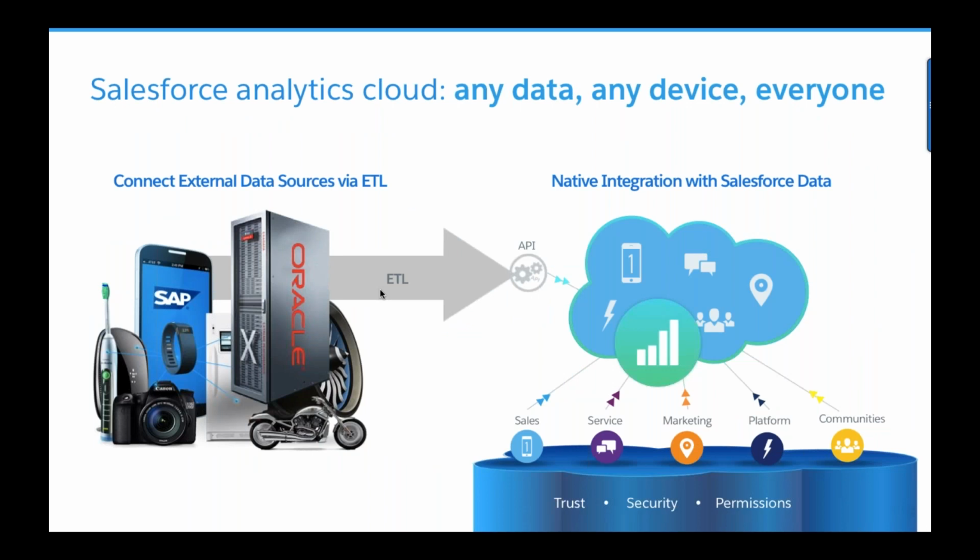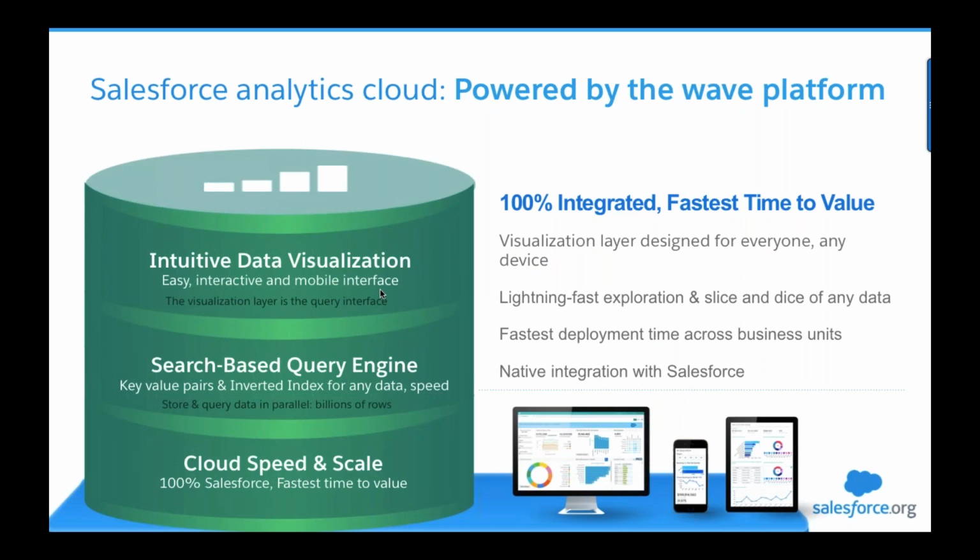So the Wave platform really allows you to connect external data sources as well as Salesforce data sources into that new layer, and then put it into a database which is no longer a relational database, but what we call a columnar database. For the more technically minded people among us, in a relational database, if you have your accounts and contacts, there are two objects in Salesforce, and they are related to each other.